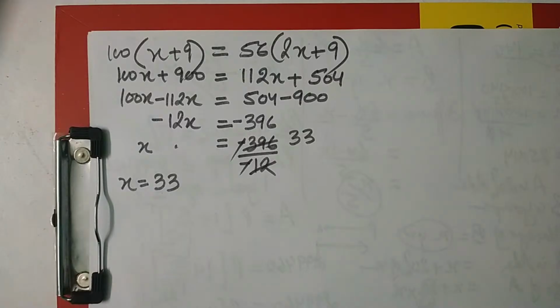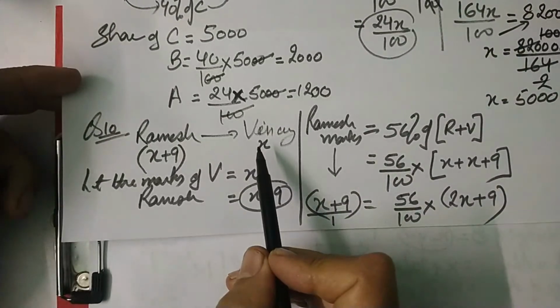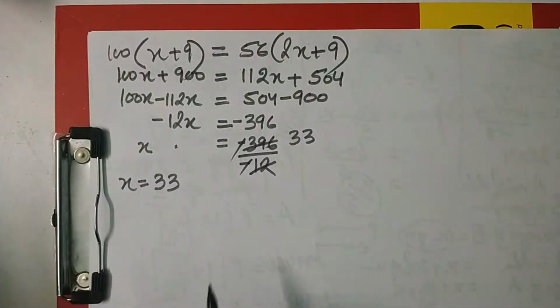So if x is 33, what did you suppose? Yes, 12x is equal to, right? So the value of x comes 33. So if x is 33, what did we get? We have got the answer of this, and this becomes plus 9.